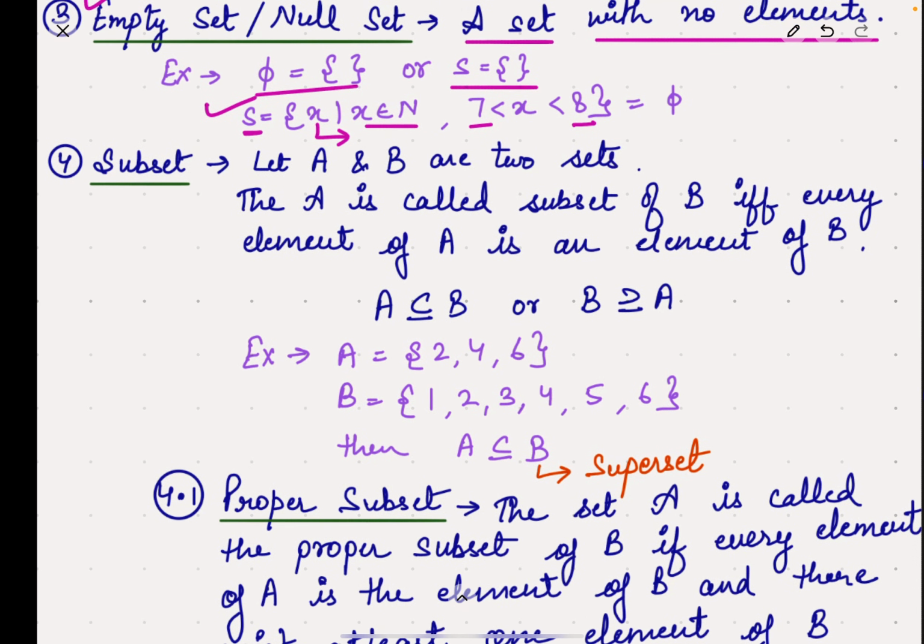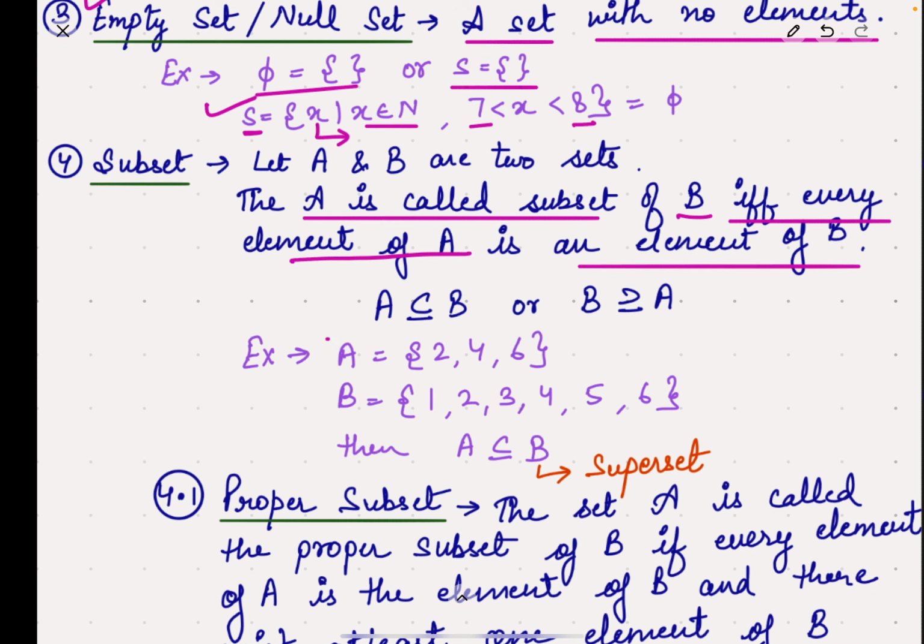Next is subset. Let's say we have two sets. Then the first set will be called a subset of the second set if and only if every element of set A is an element of B. What does it mean? Let's see an example.